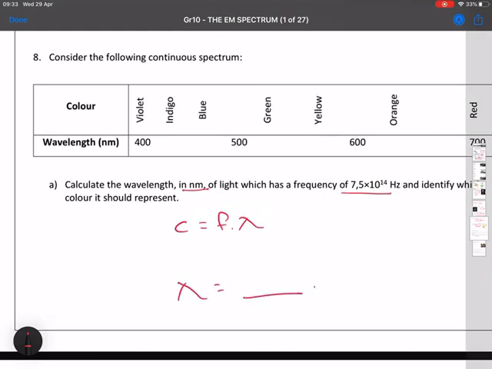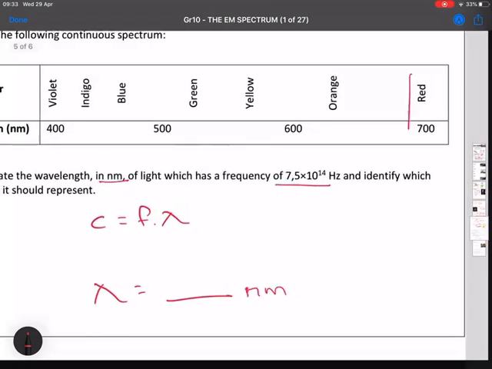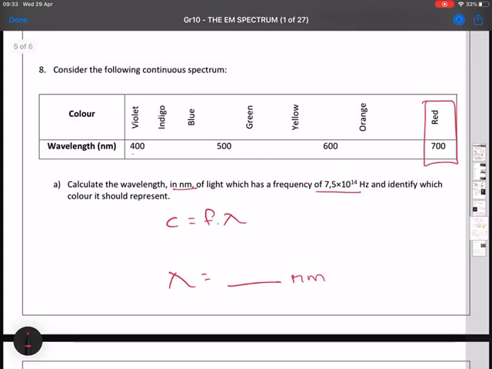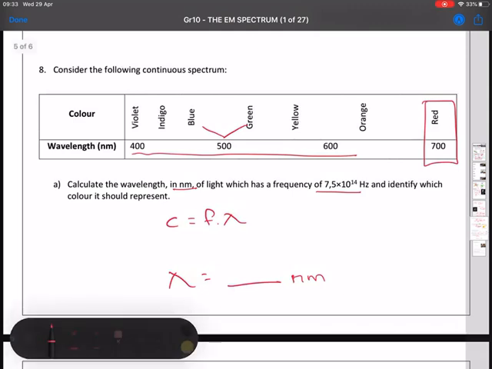Write your answer in nanometers, so convert the scientific notation value that you get into nanometers. Remember, nano is times 10 to the minus 9. Say, for example, you get a value of 700. That would then mean that you've got red light. So you need to match your answer to one of these values. If you get 500, then obviously it's halfway between blue and green, so you'd say that the color is blue-green. So that's how you approach that question.